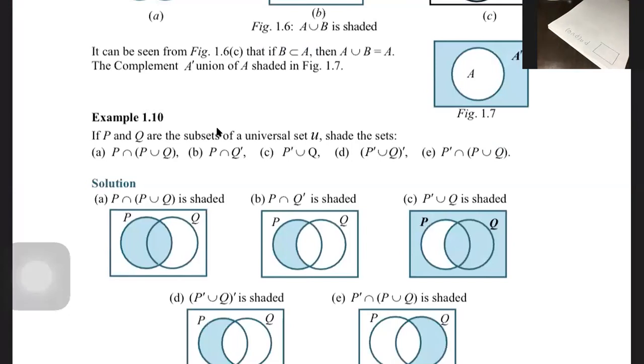So you have P union Q. Your universal set is here. This circle is P, and this circle is Q. Good. So P union Q means all elements that involve P and Q. So this is what I have.